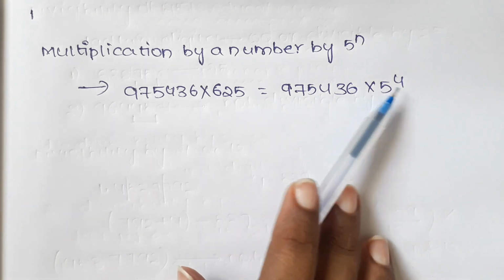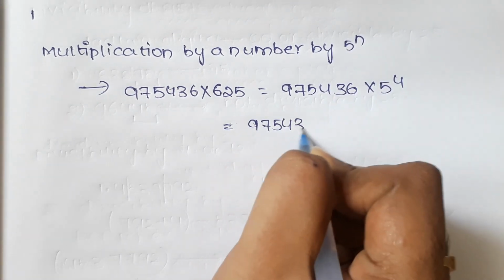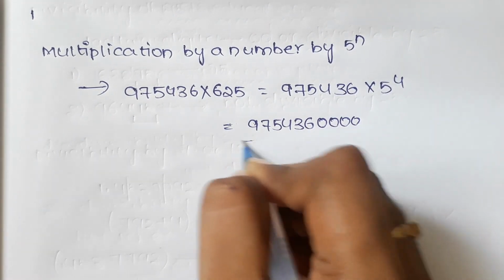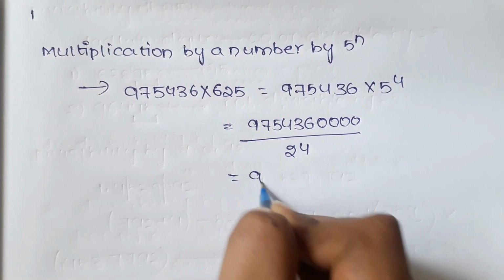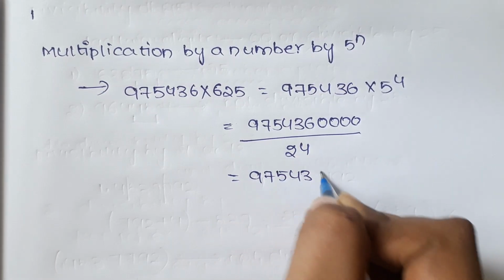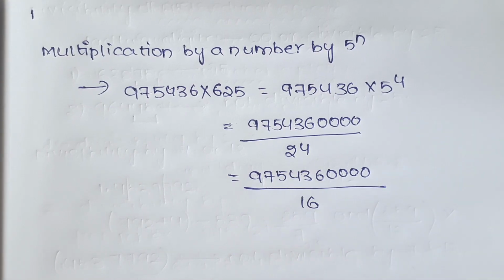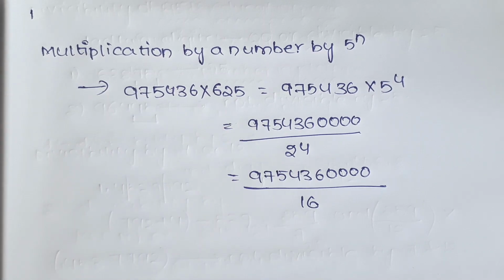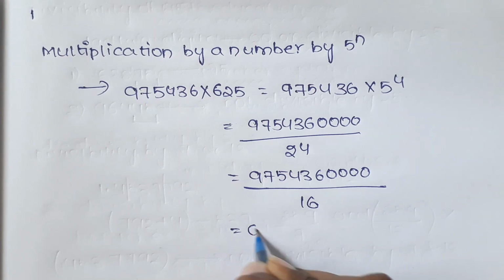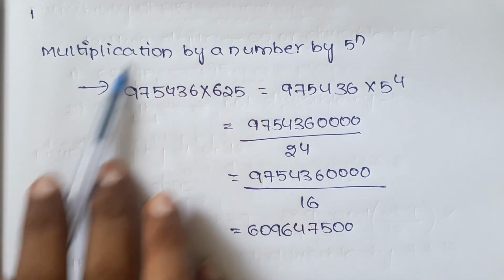Here n is 4, so we should keep 4 zeros here and divide it by 2 power 4. That is 975436 with 4 zeros by 16. When we divide this, we will get the answer of this multiplication, 609647500, and this is the answer for this product.